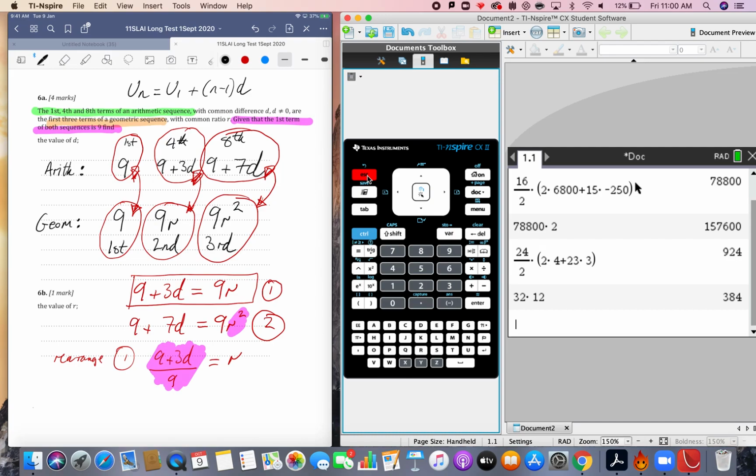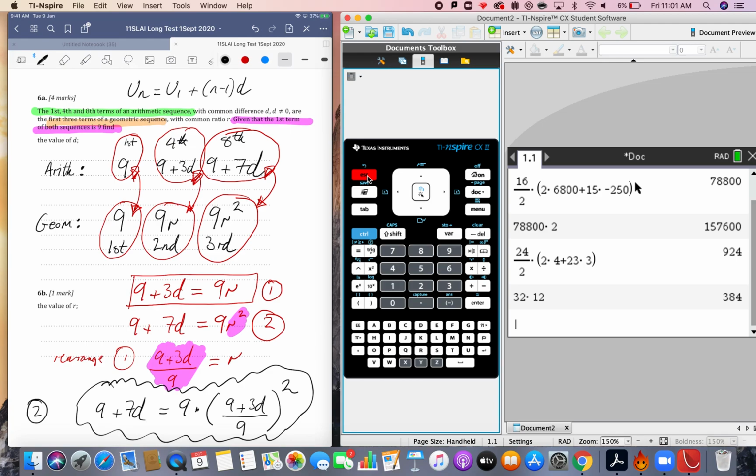So in equation 2, 9 plus 7d equals 9 times r squared. Well, r squared is 9 plus 3d over 9, and we square it. Okay, so this is a pretty horrible equation to solve.